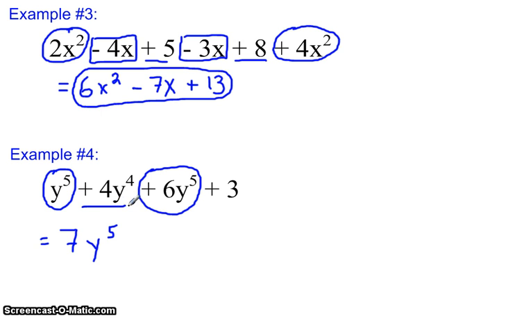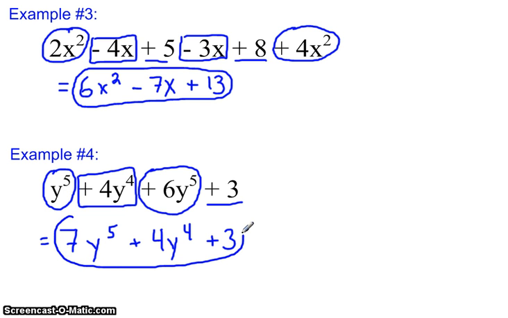I've got a 4y to the 4th here, and that's positive. And then I'm left with just this constant plus 3. So that's going to be my final answer, 7y to the 5th plus 4y to the 4th plus 3. No problem.